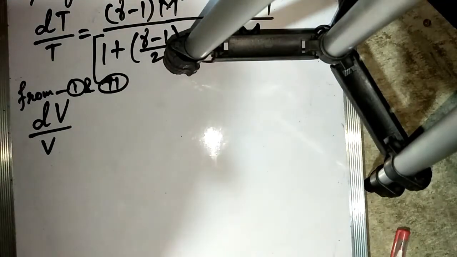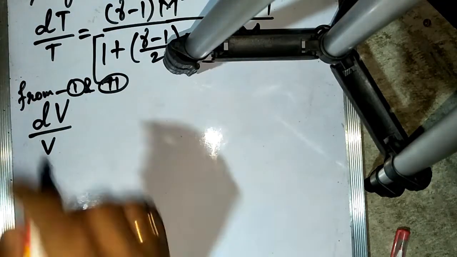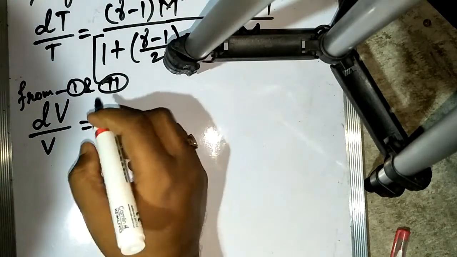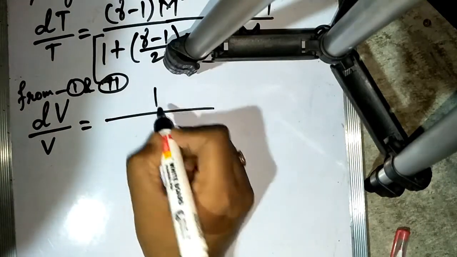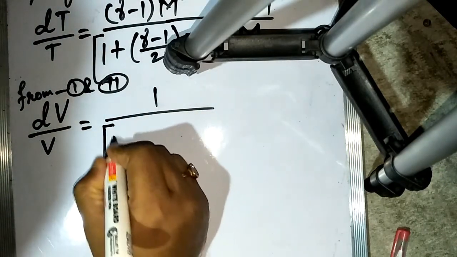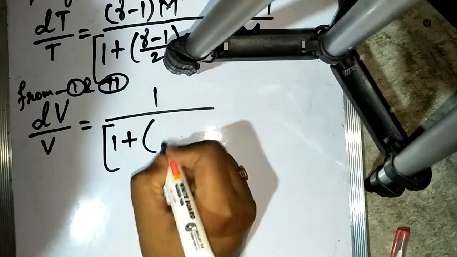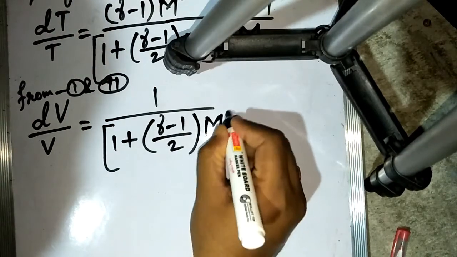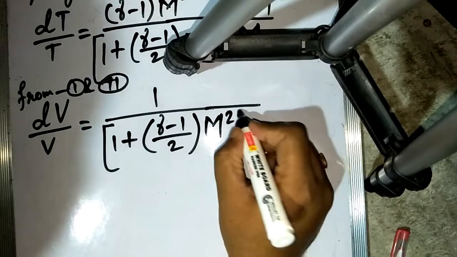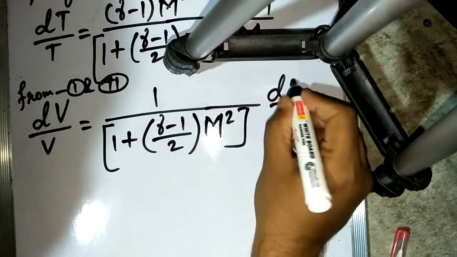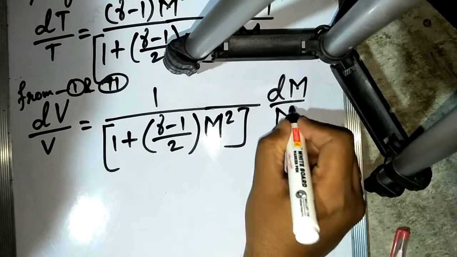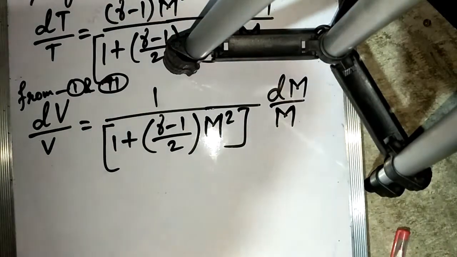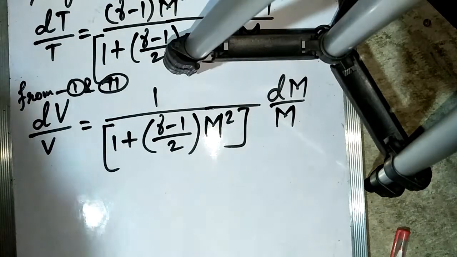From 1 and 2 we get dV/V equals 1 / (1 + (γ − 1)/2 × M²) into dM/M. This is the value of dV/V that we get.